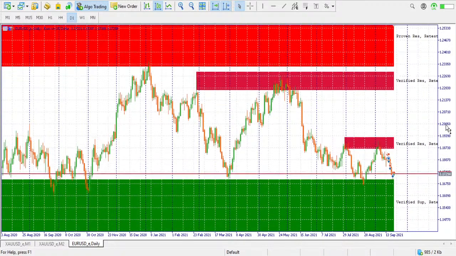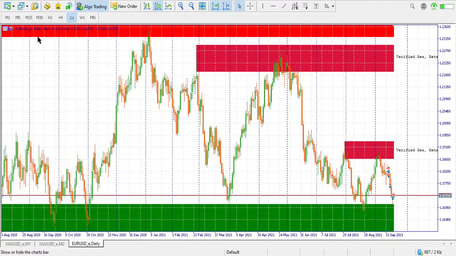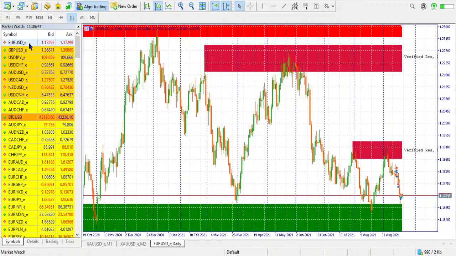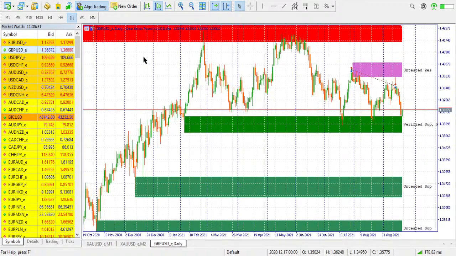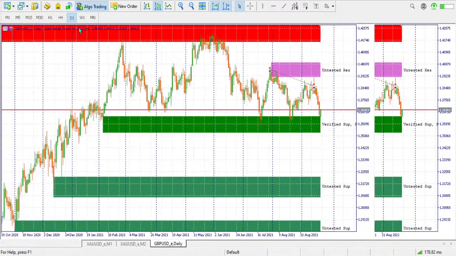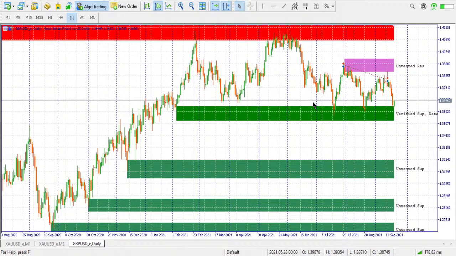So we're going to move forward to the next symbol, which is, sorry, British Pound Dollar. With this on the daily chart, you can see what's currently happening. The price is around a very good support level. Look at how verified this level was.